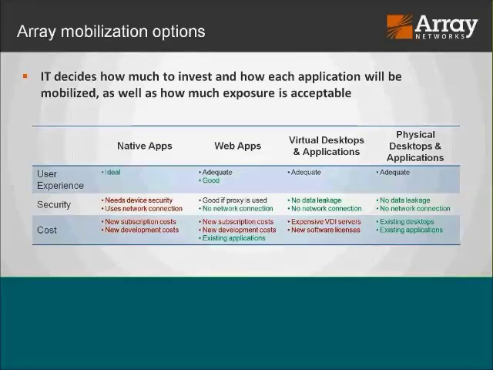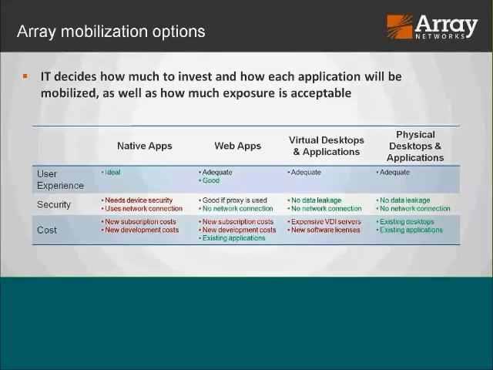So IT can decide how much to invest and how each application will be mobilized, as well as how much exposure is acceptable. Here I give a range of different ways by which applications are extended to mobile devices. There's obviously the native app, web apps, virtual desktops and applications, physical desktops and applications.